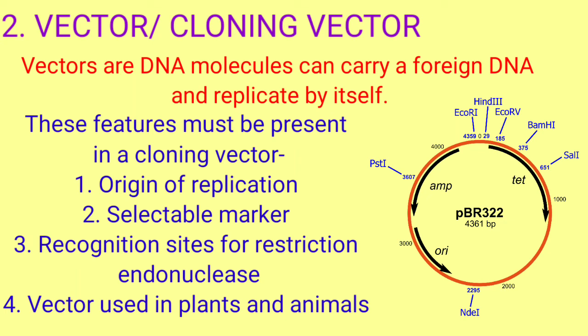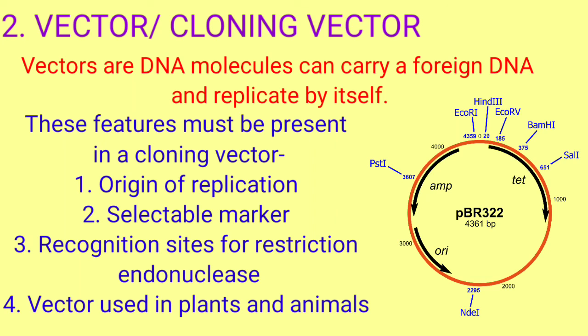And then comes the last one, that is vectors for cloning genes in plants and animals. Generally in case of plant and animal cells, the cloning vectors will be different. For plant cells, it is always the Ti plasmid that is used, and this Ti plasmid is found in a bacterium called Agrobacterium tumefaciens.